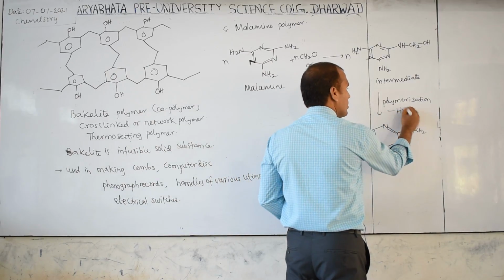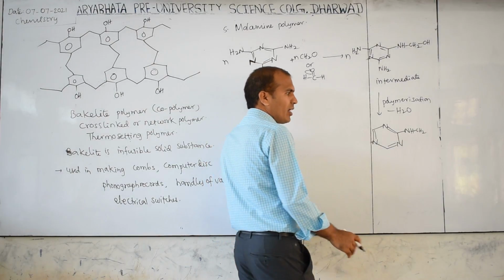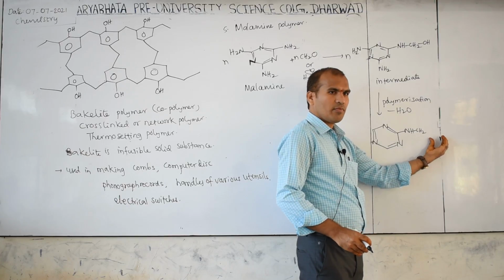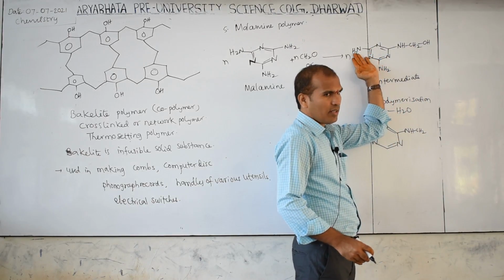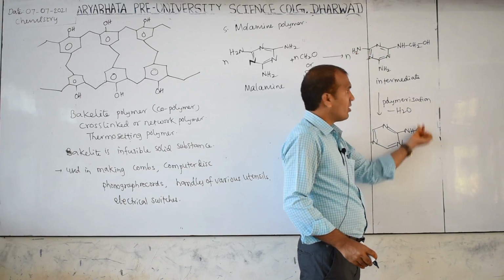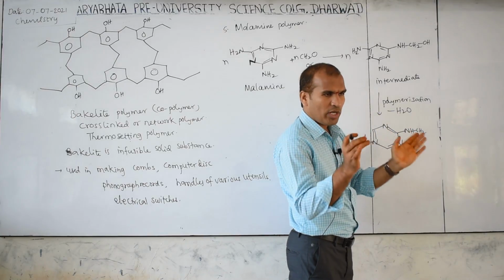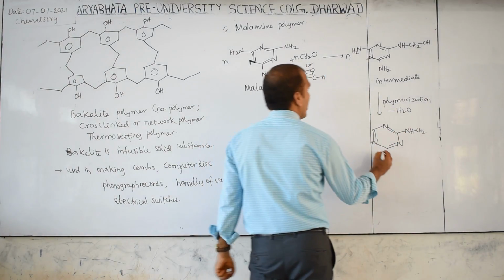If you do not understand, write the same molecule: this is the right side, this is the left side. For CH2OH there is H on the next molecule, so OH and H are lost as a water molecule.